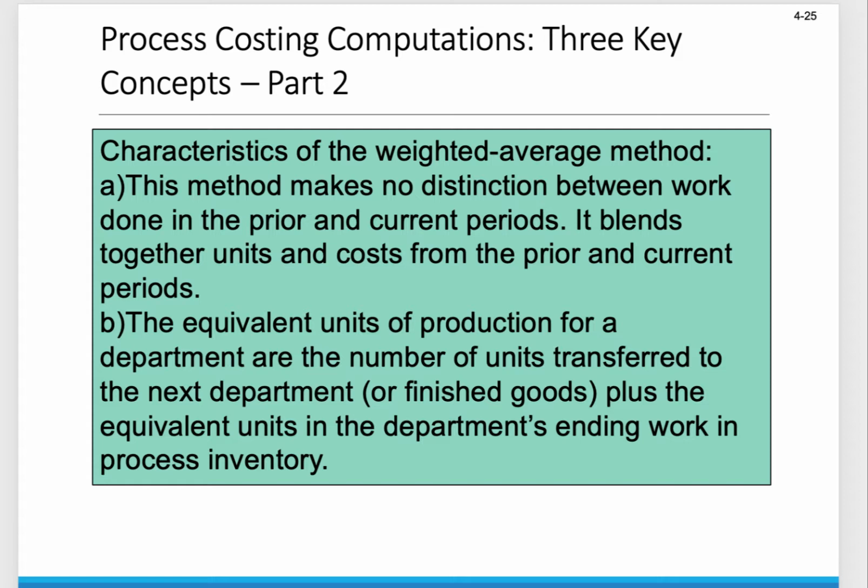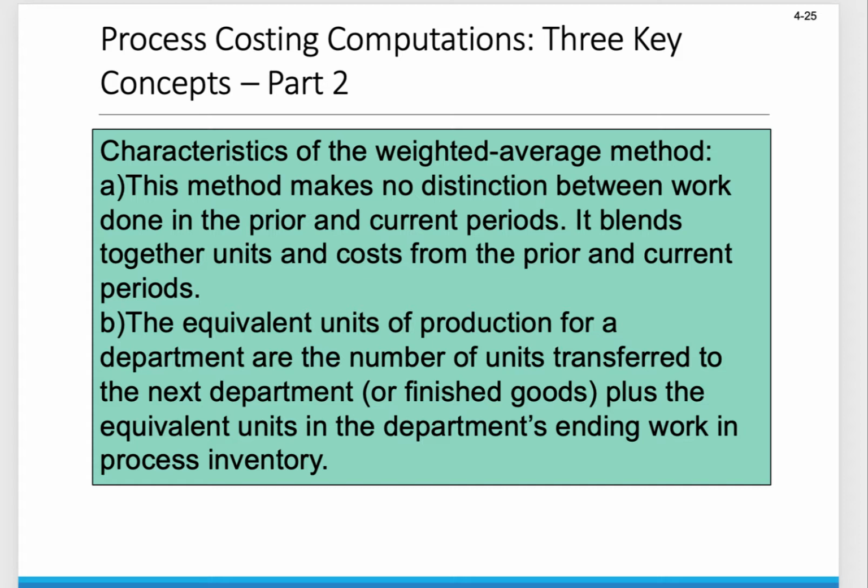The takeaway here is that when we're dealing with these equivalent units of production, okay, remember how the process costing system works, right? We take a raw material and we send it through a process, and there's a number of different processes. There could be 2 processes, there could be 3, 4, whatever.